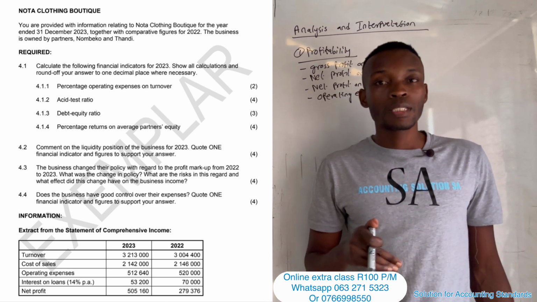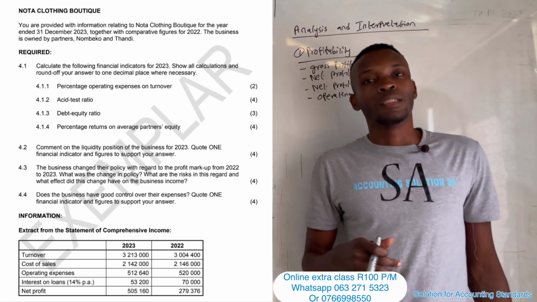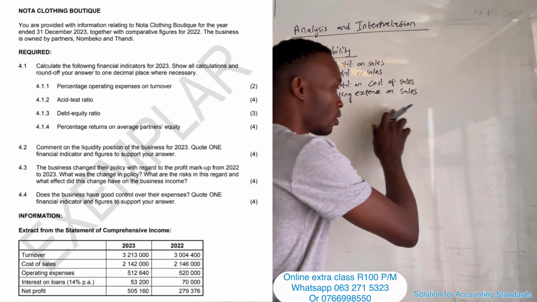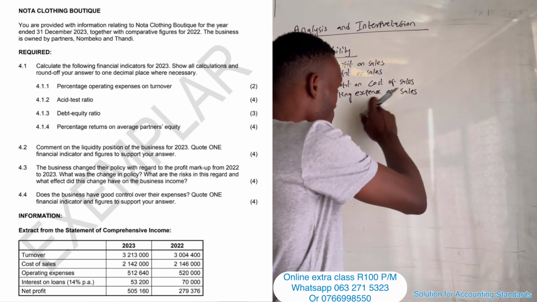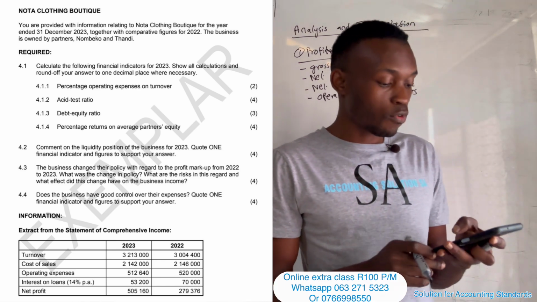The more the expense, the more the company is having a problem. Guys, in order for a company to make a profit, your expense must be lower, your sales must be higher, which means that if this percentage is very high, guys, there is something wrong. You have to improve your business.